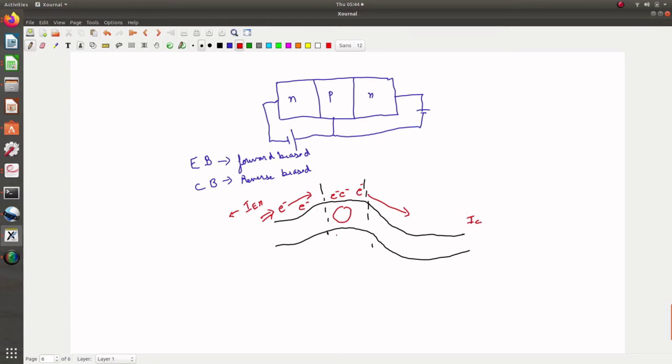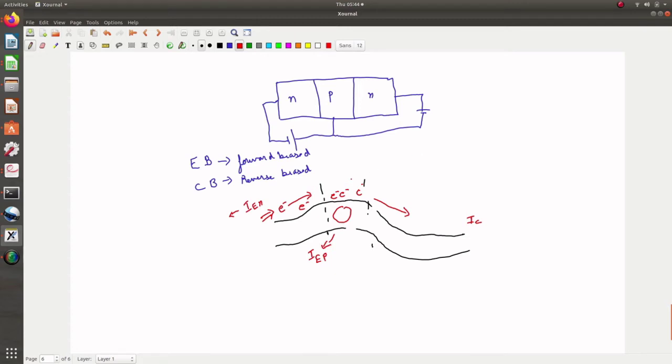Similarly, the holes from the base will move to the emitter, which constitute another current IEP, which is the emitter current due to the holes, IEP, which is in this direction.